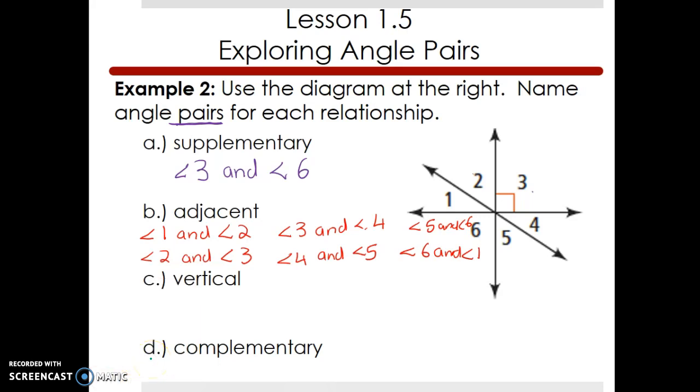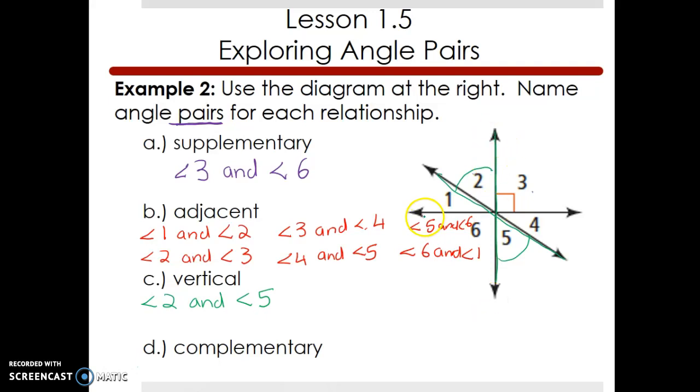Then we're going to go to vertical angles. Again, if you remember vertical angles, they have to be 2 straight lines crossing, and it's the angles opposite. So if you see this line crosses with this line, and they're 2 straight lines, it's this angle and that angle that are opposite. So let's say angle 2 and angle 5 are vertical angles, but those are not the only ones.